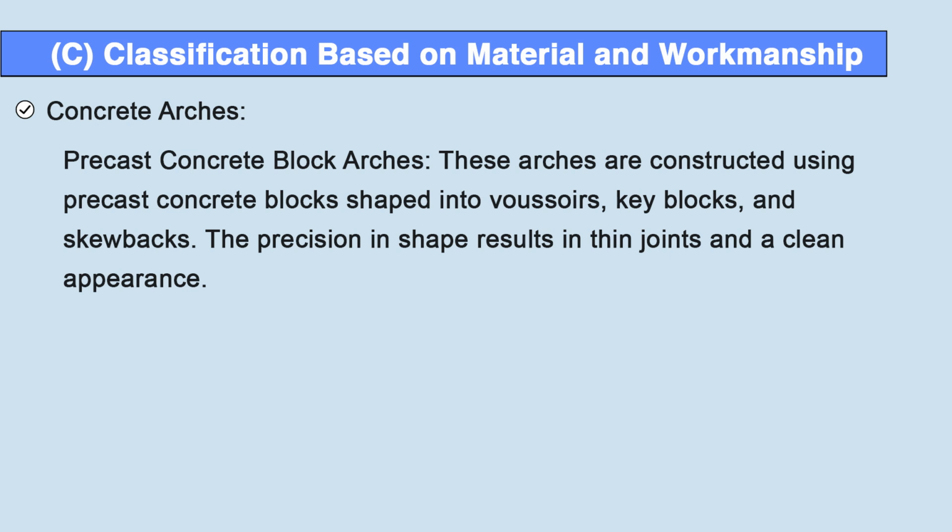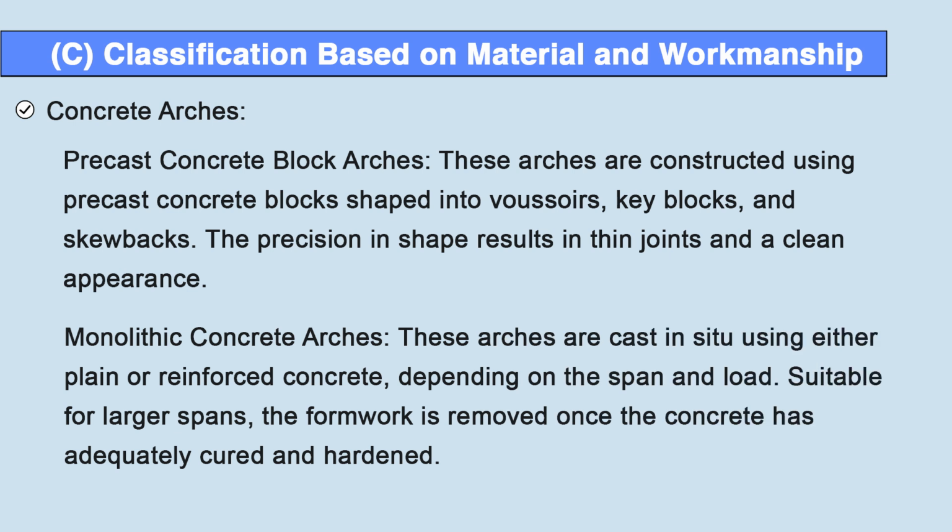The precision in shape results in thin joints and a clean appearance. Next one is monolithic concrete arches. These arches are cast in situ using either plain or reinforced concrete, depending on the span and the load, suitable for the larger span. The formwork is removed once the concrete has adequately cured and hardened.